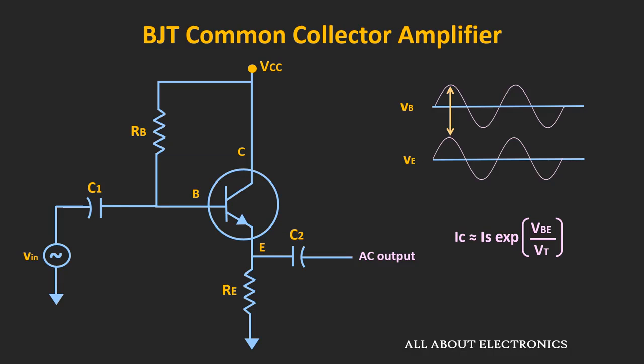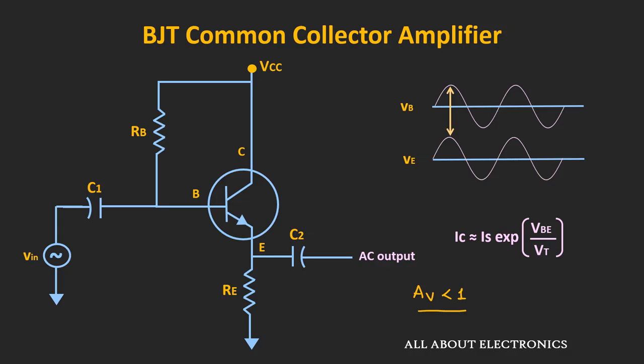And we know that the collector current IC is approximately equal to the emitter current. So because of that the emitter current will reduce, and effectively the output voltage will reduce. So we can say that the output voltage cannot be more than the input voltage. That means in this emitter follower configuration, the voltage gain is always less than 1.